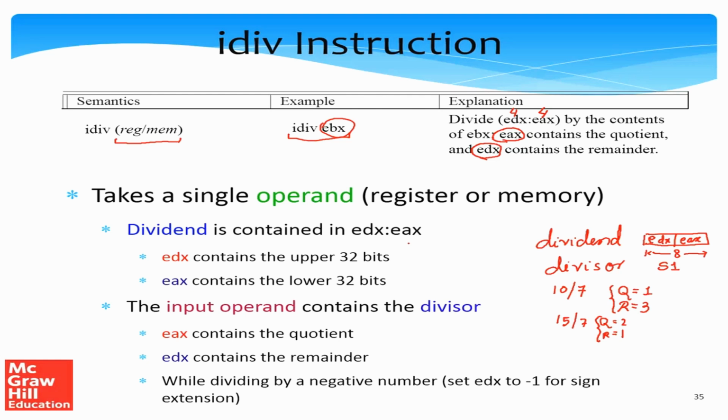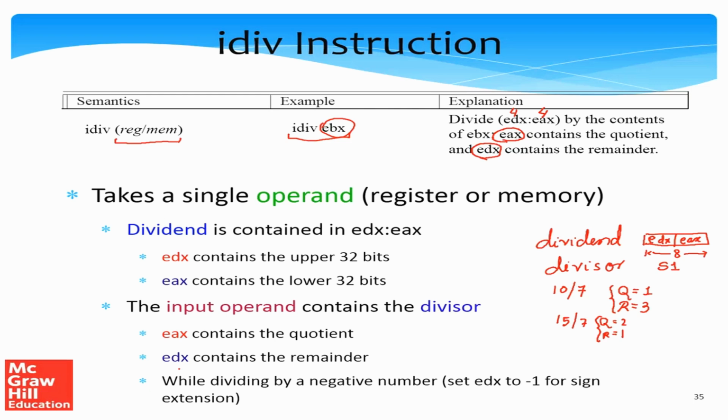In a 32-bit instruction set, EDX contains the upper 32 bits, EAX contains the lower 32 bits. The input operand contains the divisor, which is basically either a register or a memory address. After the end of the division, EAX will contain the quotient, EDX will contain the remainder.